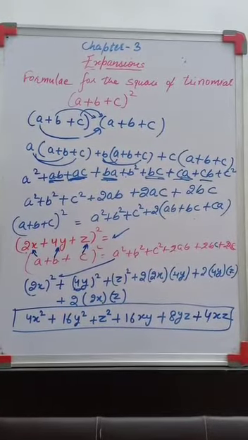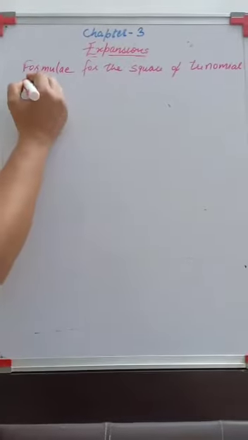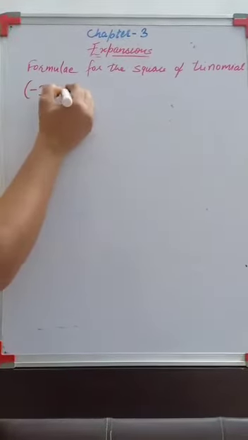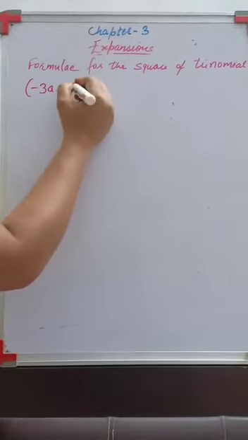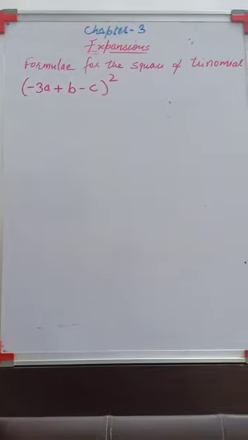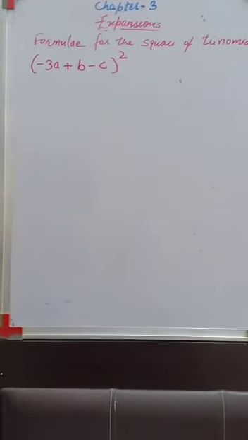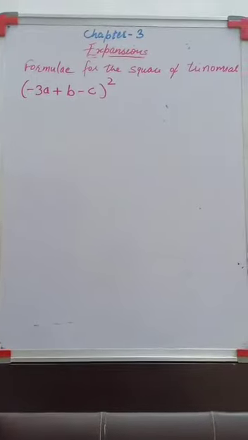I am taking another example for that. I am having a question: (minus 3a plus b minus c) whole square. You need to calculate the square of this, or you need to expand this, right? With that, you will get to know how to solve the minus sign equation also.